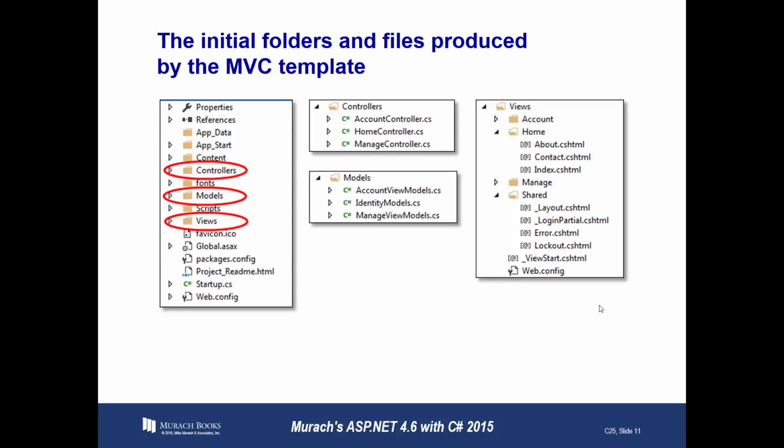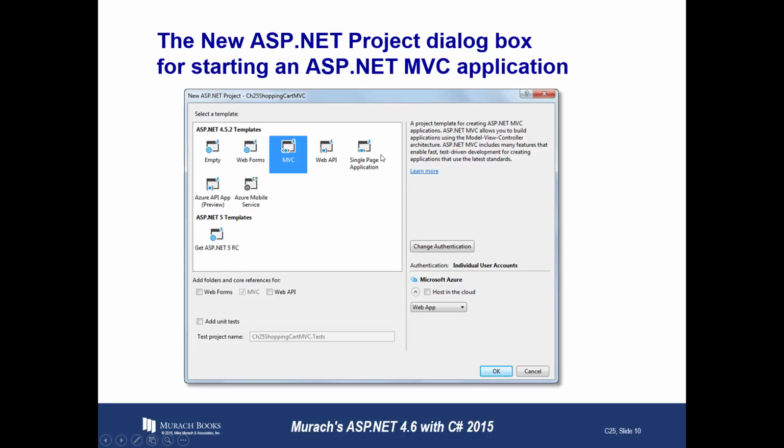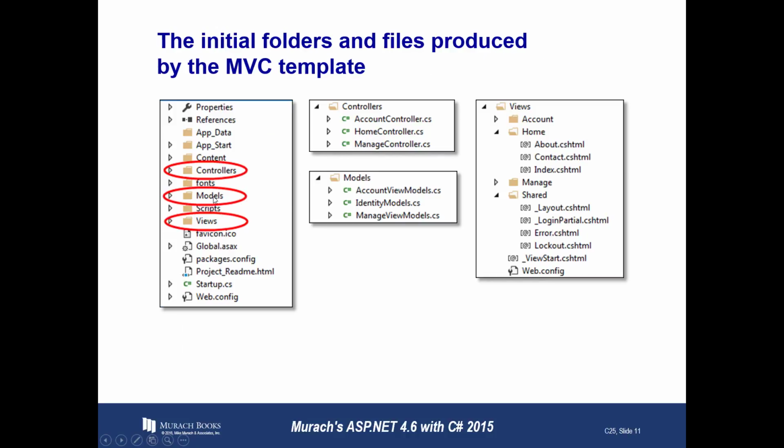In particular, notice the 3 red ellipses on the slide here. You get a controllers folder, which by default will hold a home controller, an account controller, and a manage controller. The one we care about for now is the home controller. We get a models folder. Notice if there's an account controller, there's an account view model.